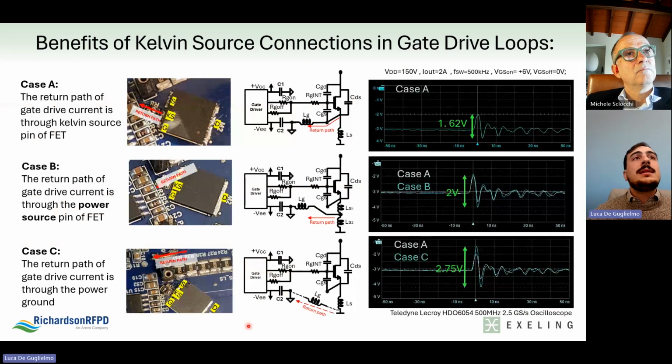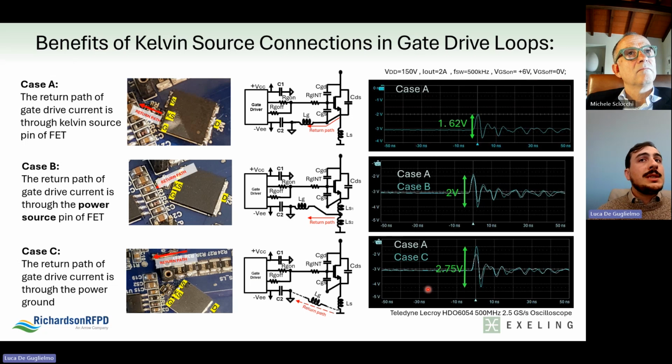You can see that the dedicated Kelvin source helps minimize voltage spike. But if Kelvin source pin is not available, just make sure to keep the two ground loops separated to mitigate the spike, as I'm showing in the middle. When instead the ground return path is shared with the power ground, the voltage spike is much worse.